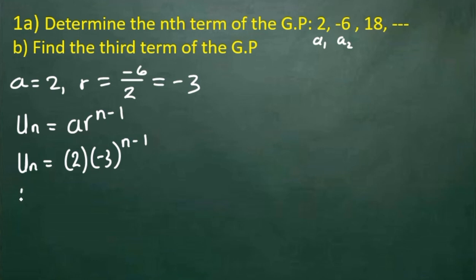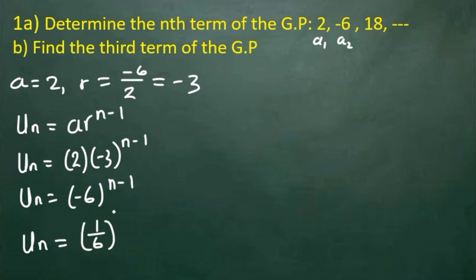So the nth term will be 2 times minus 3, which gives us minus 6, to the exponent of n minus 1. This can also be written as Un equals 1 over 6 to the exponent of n minus 1. So this will be the nth term of this given sequence.